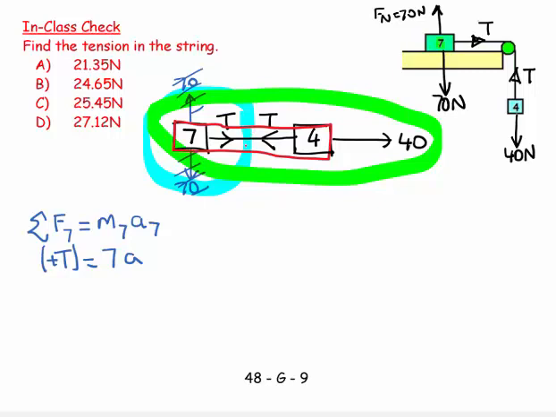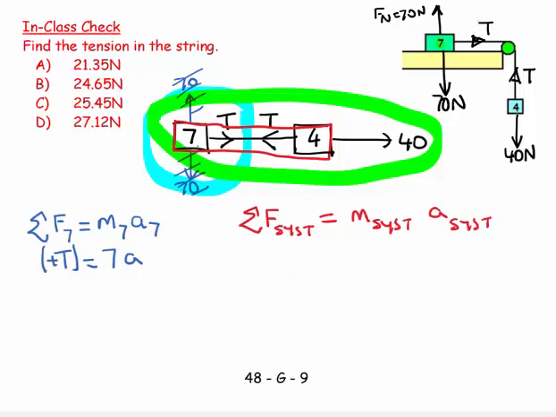It's an internal force. If I look at the system, then these two tensions, which I don't know, are internal, so I don't need to worry about them. So I can now say the sum of the forces on the system is equal to the mass of the system times the acceleration of the system.